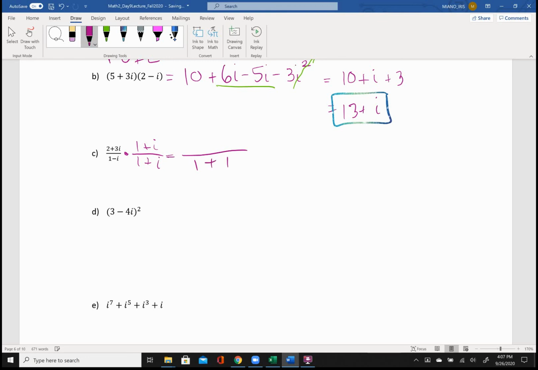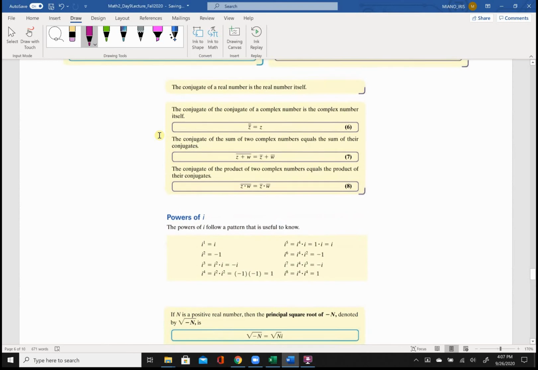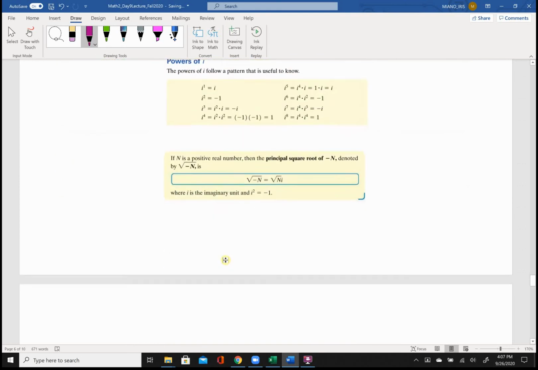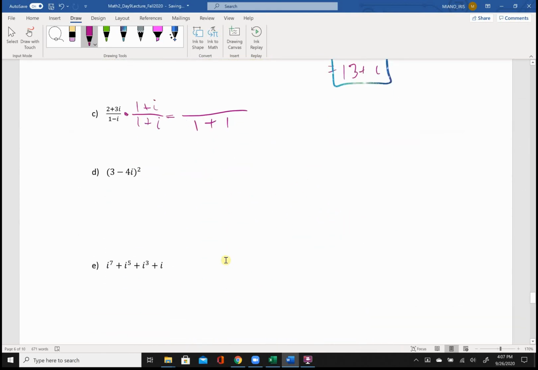Now I'm going for this little guy right here. Just want to highlight what I am alluding to, in order to make that happen quickly for the denominator. And then I'm going to FOIL the top, which is at first at least going to give me the firsts are 2, the outers are 2i, the inners are 3i, and the lasts are 3i squared.